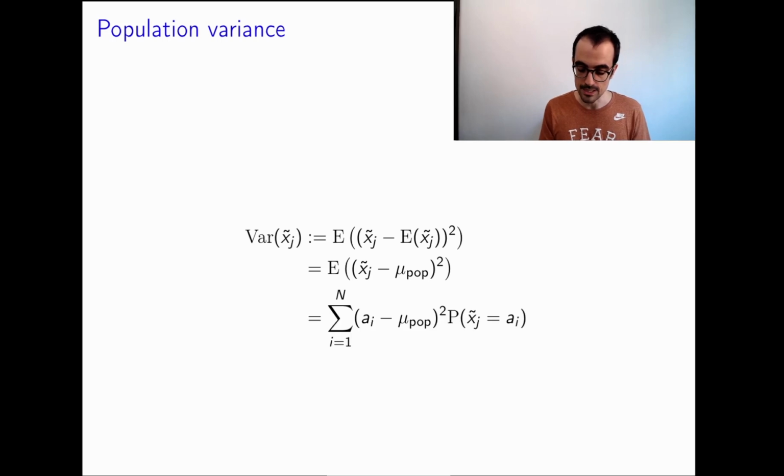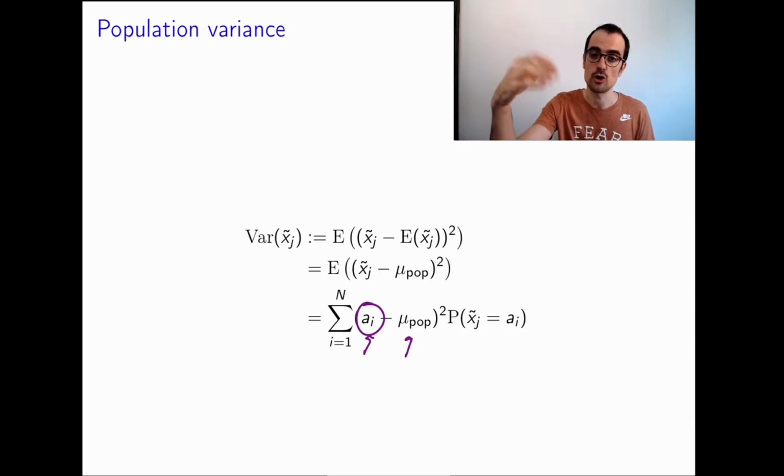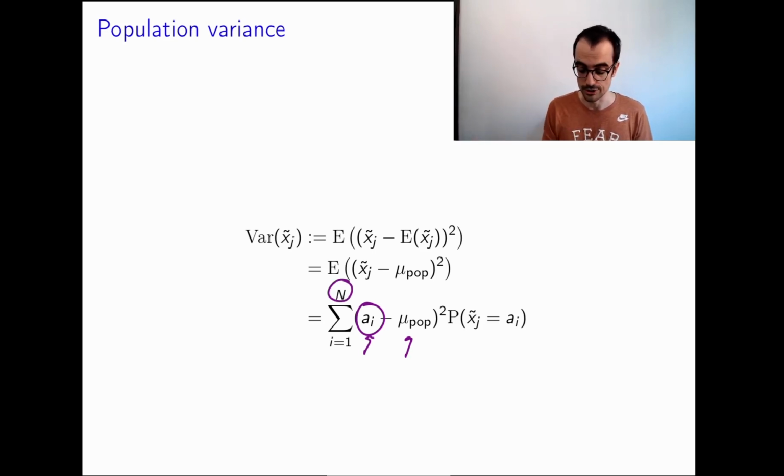And all the possible values are just a_i minus the population mean, where these are the possible heights of the population of the people in New York or in whatever population we're interested in, summed over the whole population. And of course we have to multiply, because we're taking this expected value, by the probability that X_j is equal to that particular height value. But we've seen that this is just equal to 1 over n.